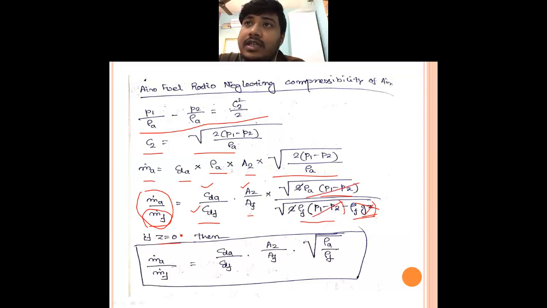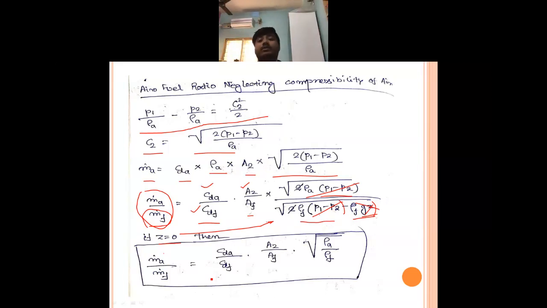So the equation will simply come M dot A by M dot F is equal to CDA by CDF into A2 by AF multiplied by rho A by rho F. You must remember this equation because this is very much important. It is a simple equation and you must remember. Okay, so we have done the calculation of simple carburetor.